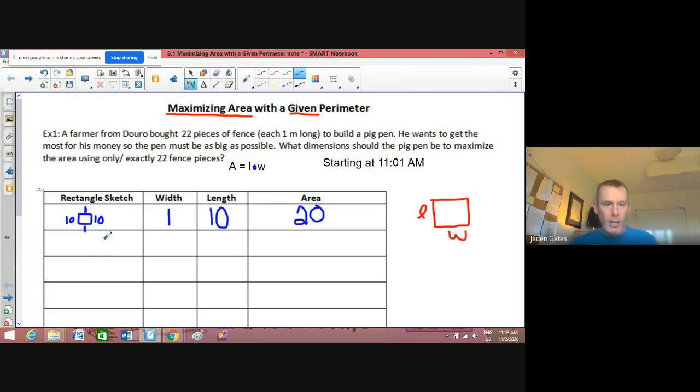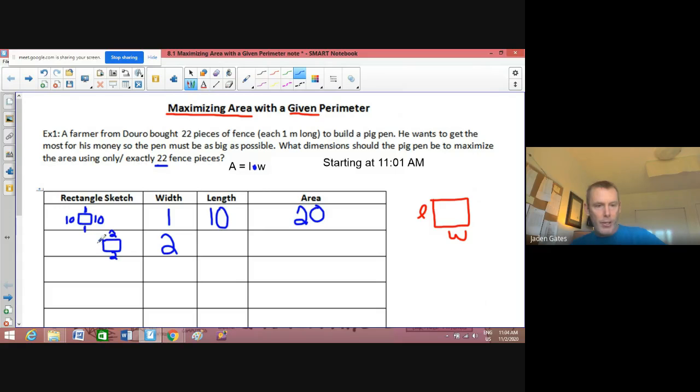All right, well, let's try another one. So the next one, in which case my width would be 2. If I have 2 here and 2 here, I've used up 4. If I subtract 4 from my 22 pieces, I have 18 left. But I need that 18 to cover 2 different sides.